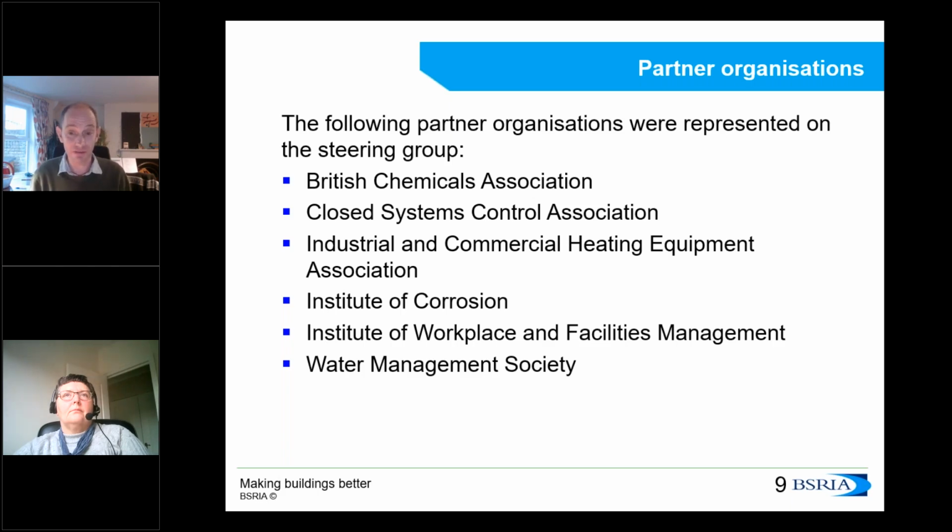Oxygen ingress is something incredibly important in closed systems. It's something I mentioned on some slides earlier. If you have oxygen getting into the system, then that would normally cause corrosion, and you would expect to have to do some form of water treatment to try and counteract that. But of course, rather than trying to counteract any oxygen ingress you're getting, by far the best thing to do is avoid it in the first place.